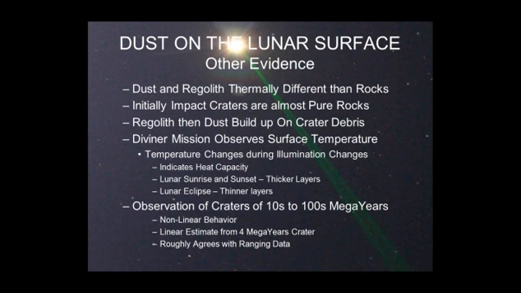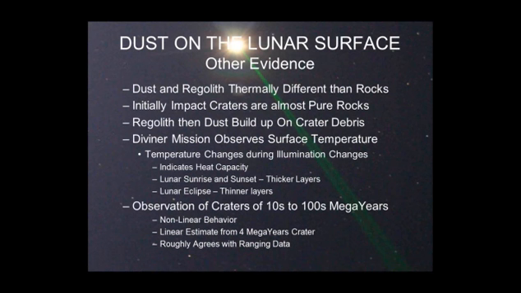The Diviner mission observes the surface temperature. These temperatures change during the illumination changes, and this indicates the heat capacity. During sunrise and sunset, we're basically looking at the thicker layers. During lunar eclipse, we can learn about the thinner layers.